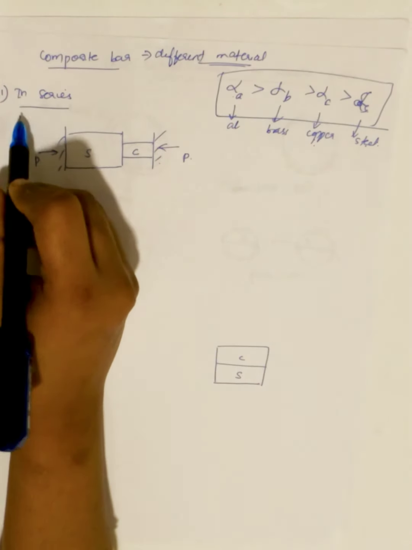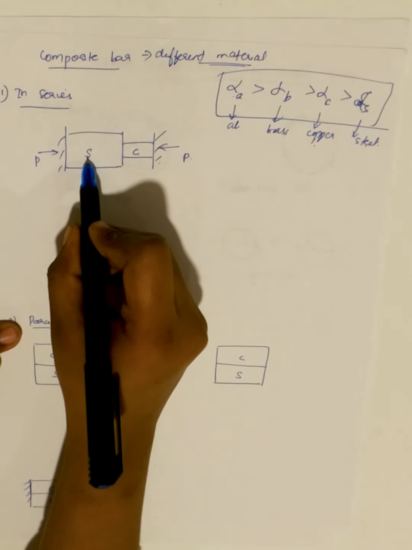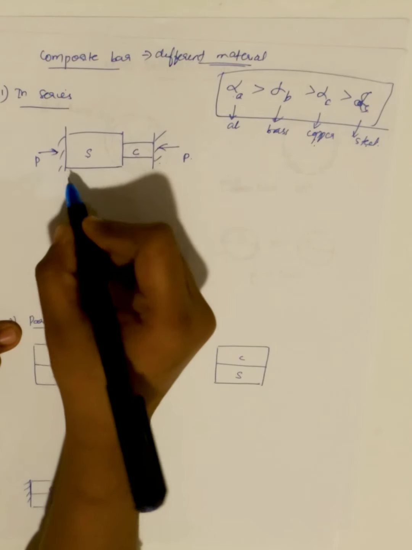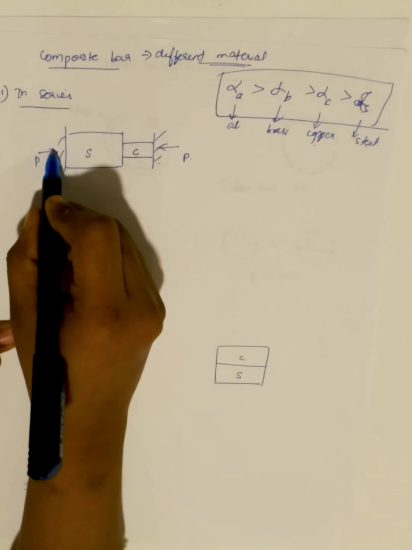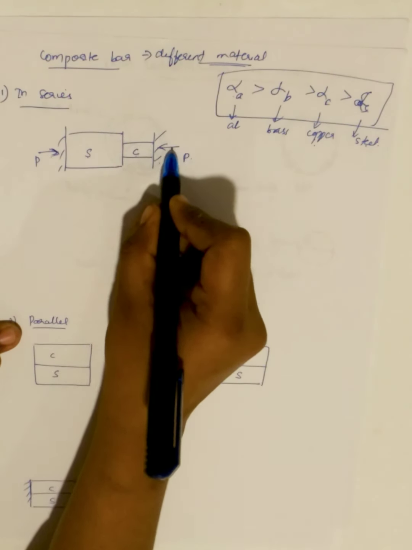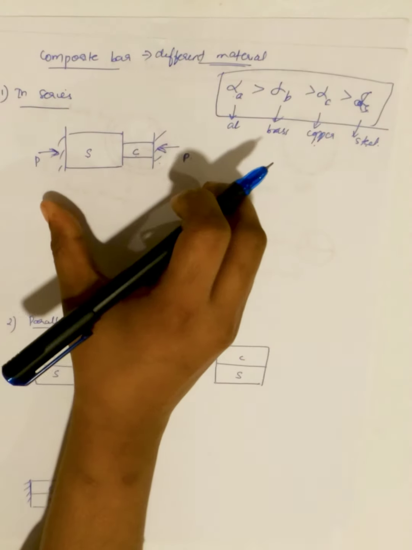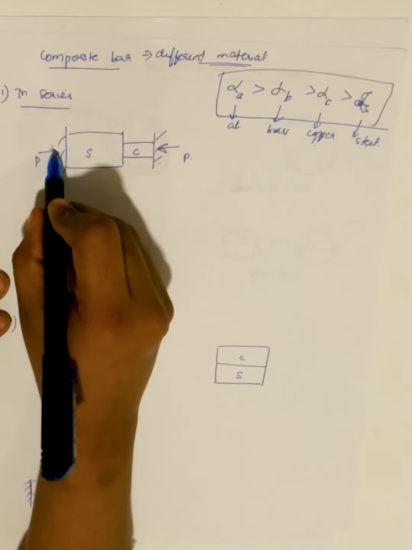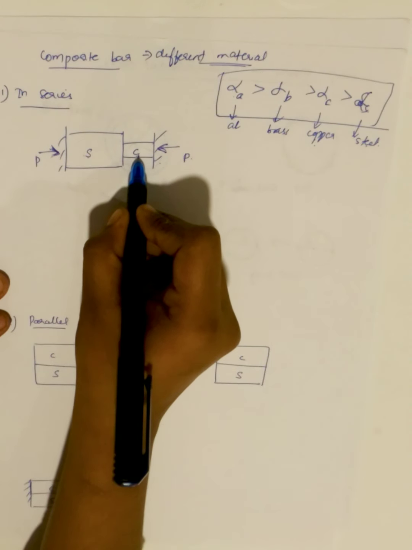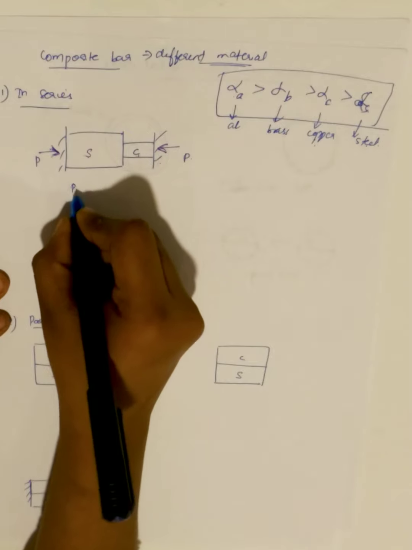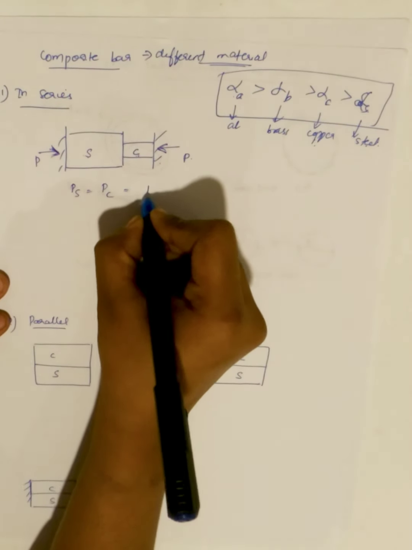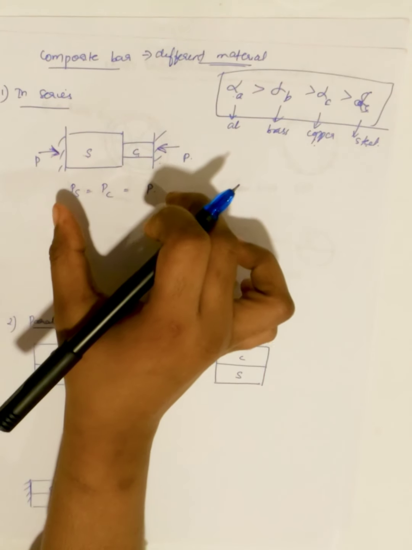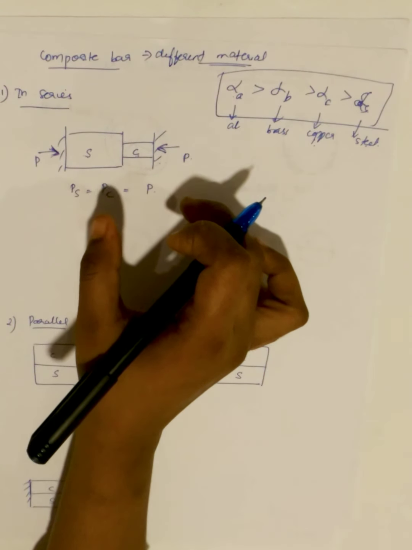Now let us study series. See, suppose steel and copper are connected in series. Here, if there is a temperature increase, then there will be a resistance to it, so a compressive force P is developed because of the temperature increase. This P is directly taken by steel and copper, so the force developed in steel and copper will be equal to P. Because there is a support, there won't be any increase, na?